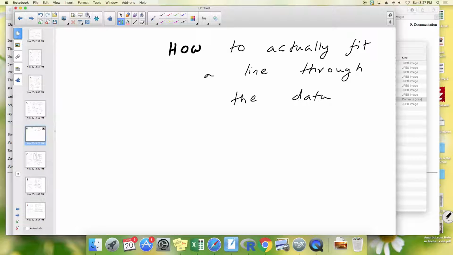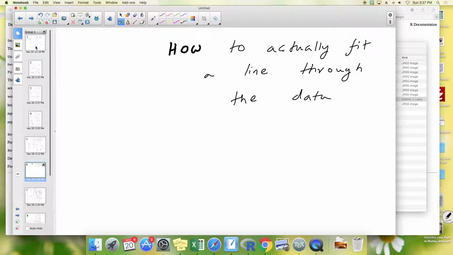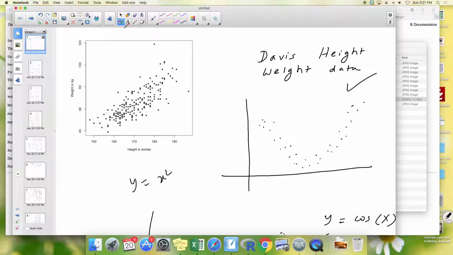That means, for example, let's take this height weight data.